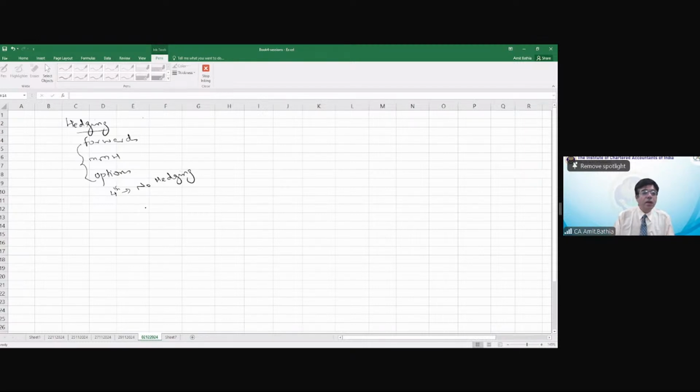Which means where you will have the least amount of outflow. Say, for example, if you are an exporter, then our objective is to maximize the inflows, right? So we opt for that option which is going to maximize inflows for our customer, client, or the company, as the case may be, right?